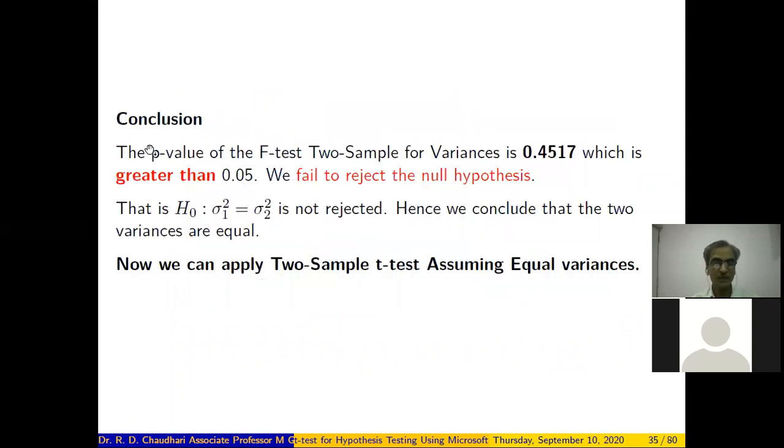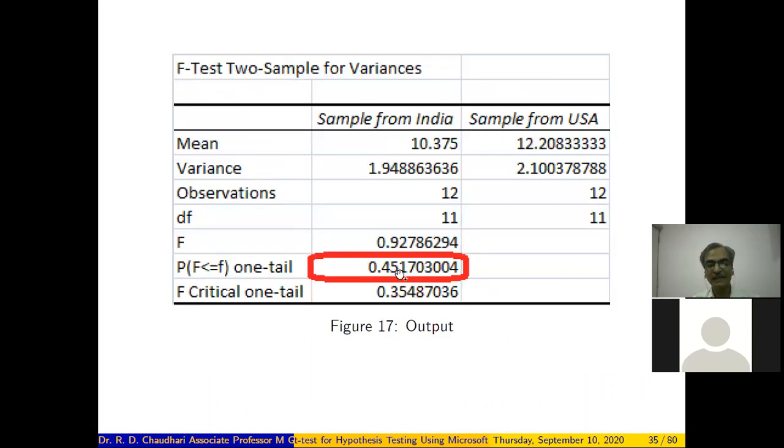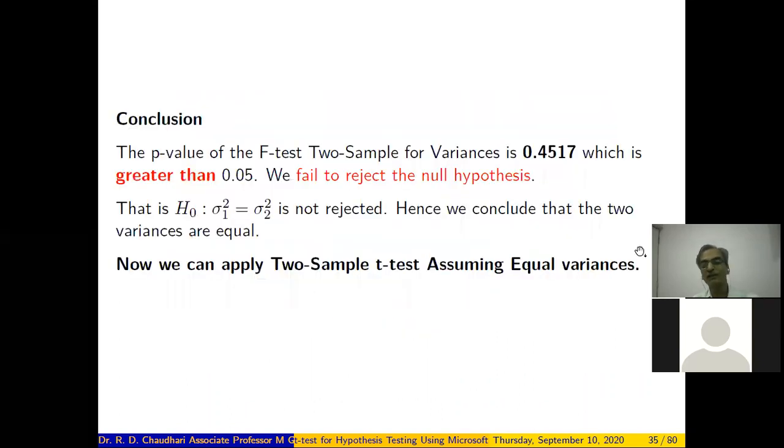Again, the p-value is compared with the 5% level of significance. In our case, the p-value of the test is 0.4517, which is greater than 0.05. So we fail to reject the null hypothesis.